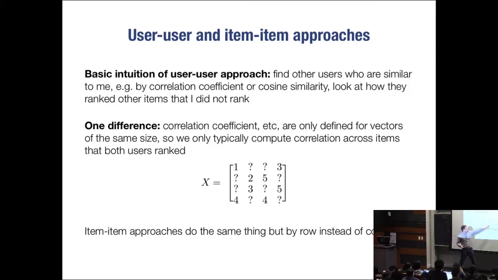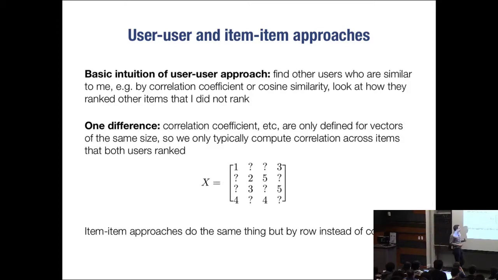So if this is me here and this is some other user there, and this is of course a small example because there's only one in common, I would only compute similarity between these two elements here: the fact that I rated item number 3 and they rated item number 3. That's how I would compute the similarity between those two rows in the matrix.